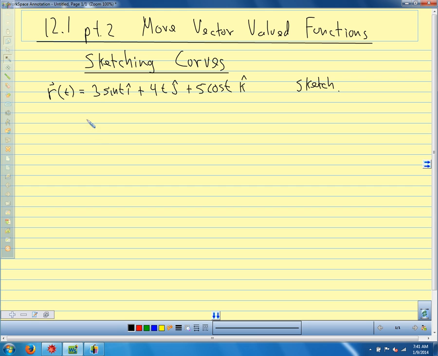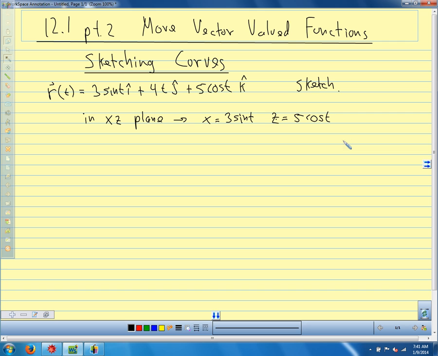So in the XZ plane, we have x equals 3 sine t, and z equals 5 cosine t. So what kind of relationship can we come up with for x and z here?